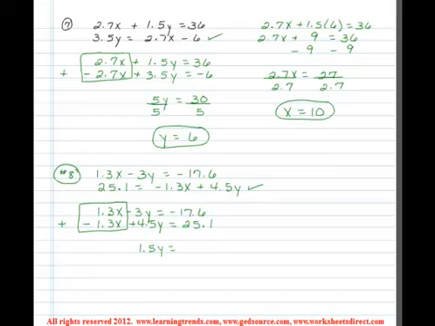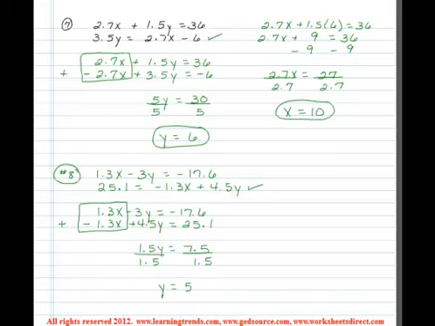And negative 17.6 plus a positive 25.1 gives us 7.5. If you divide each side by 1.5, and you'll want to use your calculators if you have them handy, you'll see that y equals 5.